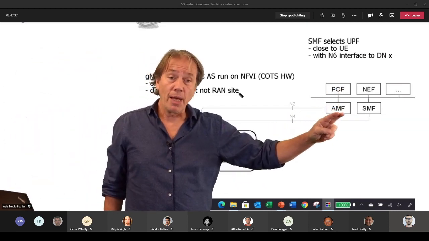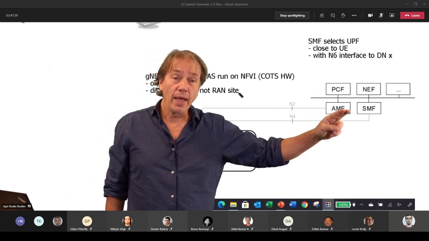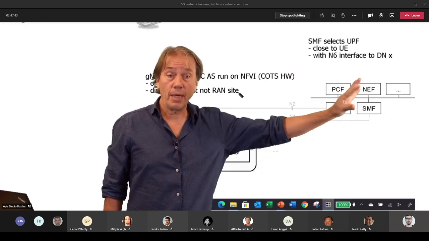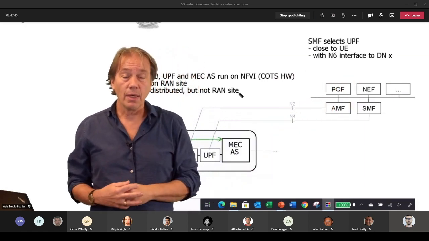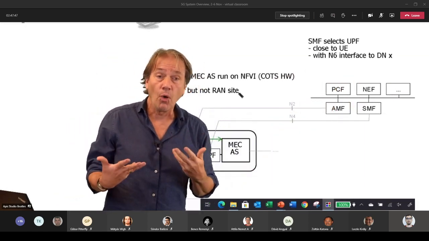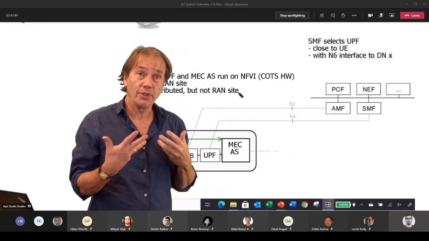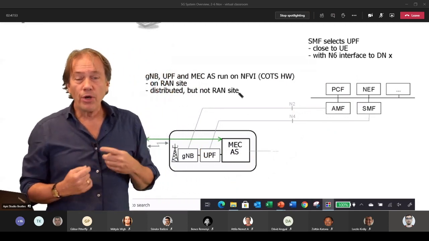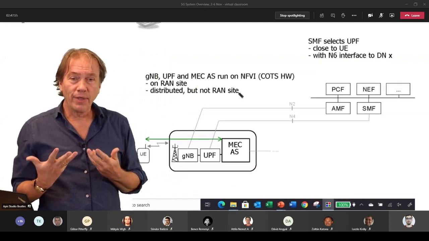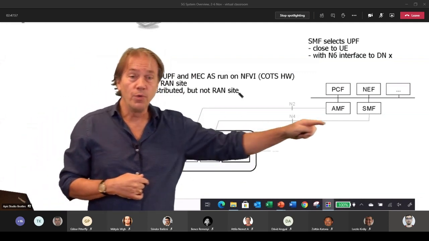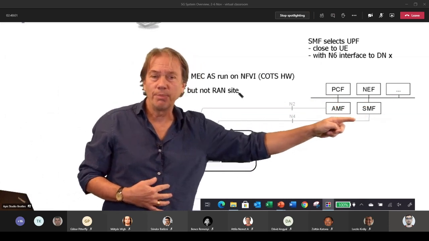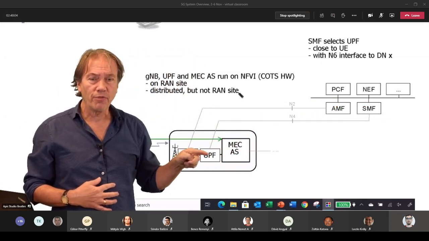The session management function and the AMF and the policy control function can be far away. They do not need to be at all on the edge of the network, because we are not worried about the delay for registering and for the session management function to talk to the UPF.